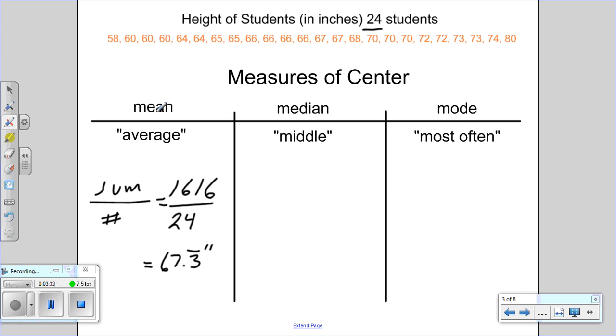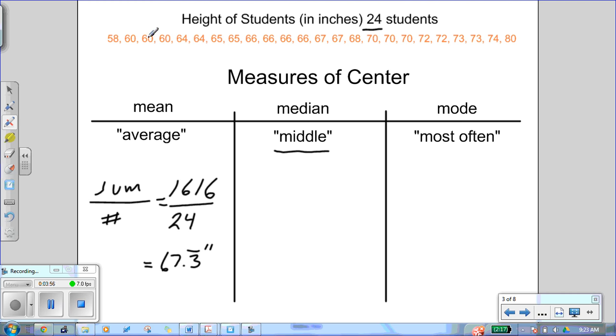Now there are two other types of centers. One is called the median. The median is the value that is in the middle of the data. If you were to literally line all these students up from shortest to tallest and ask what student is in the middle, that's the median. In this case we have 24 students, so the middle would be 12 students in. Let's count that, I'll do it here in red: 1, 2, 3, 4, 5, 6, 7, 8, 9, 10, 11, 12.